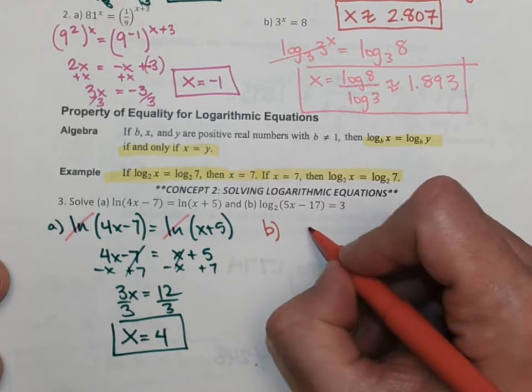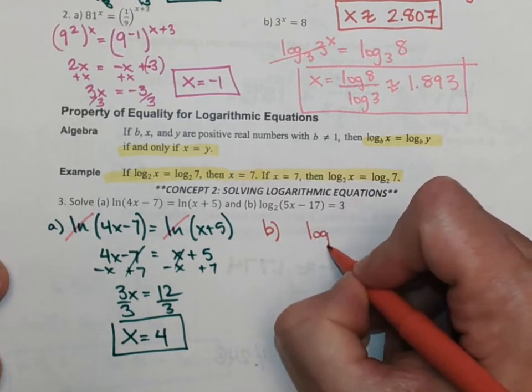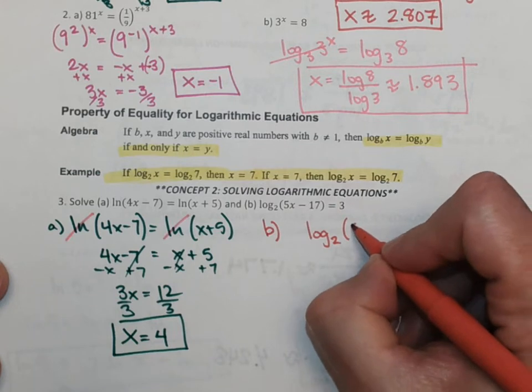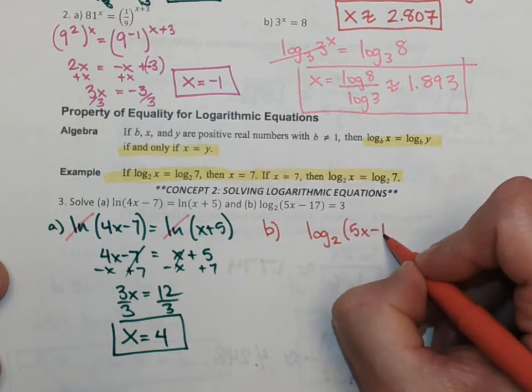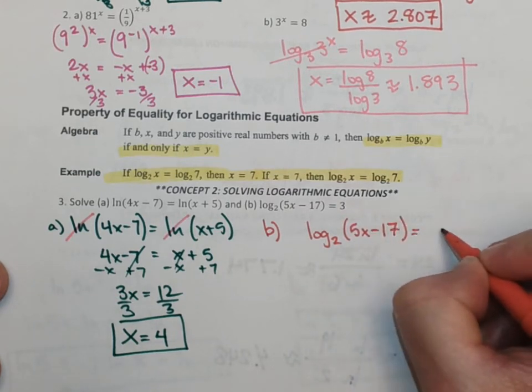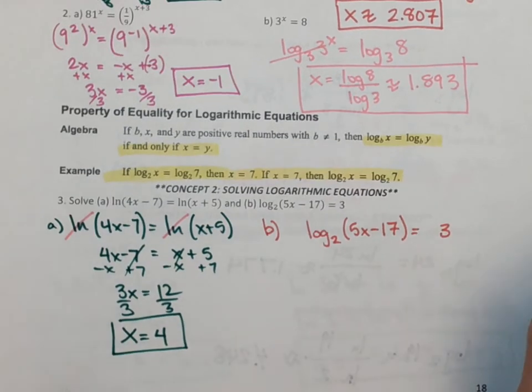B. I got log base 2 of the quantity 5x minus 17 equals 3. I'm going to do this like I did 1A, really similar, almost just the opposite. Here I have this logarithmic form.